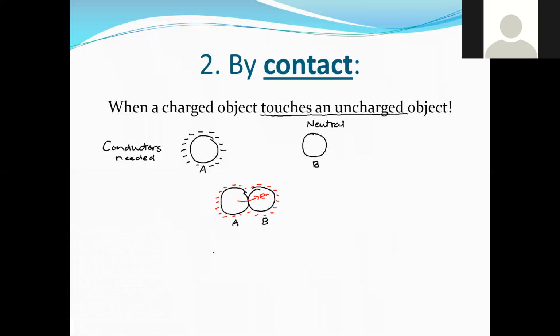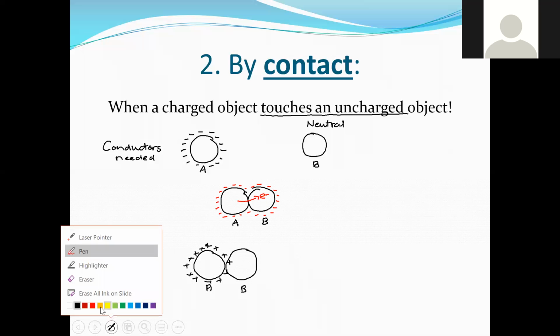I'm going to discuss what happens when the object is positively charged. It means that there's an overall spread of positive charges on the object. The only reason for that is that this object has lost electrons already. So when it touches the neutral object B, who's got the extra electrons?